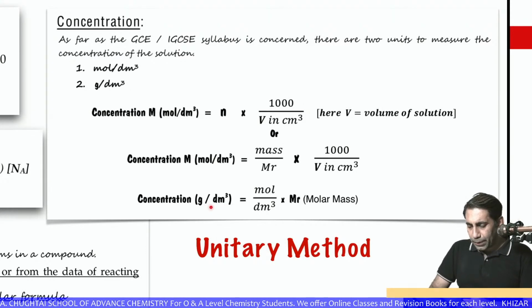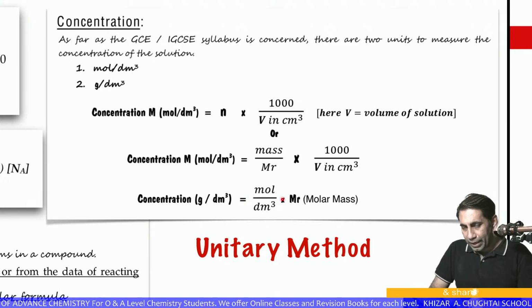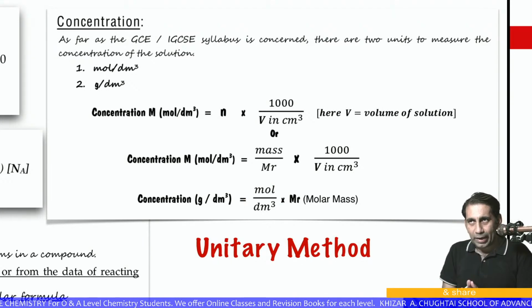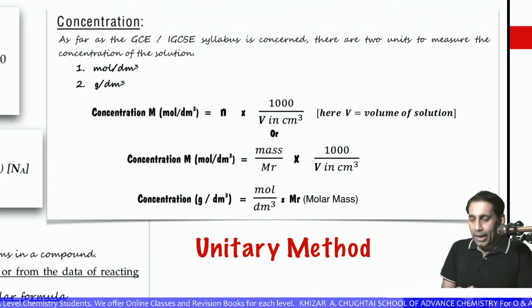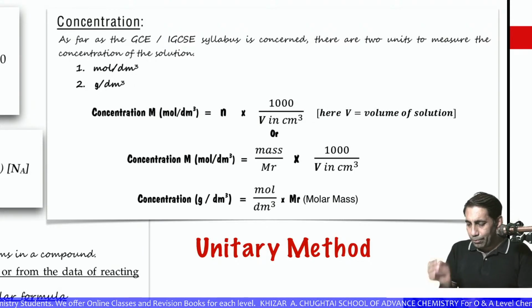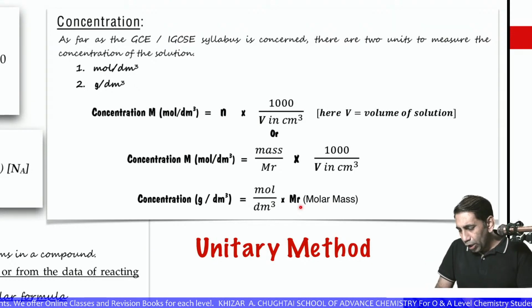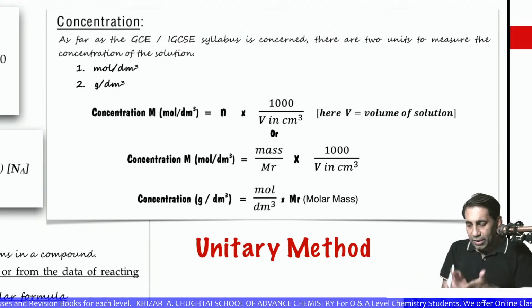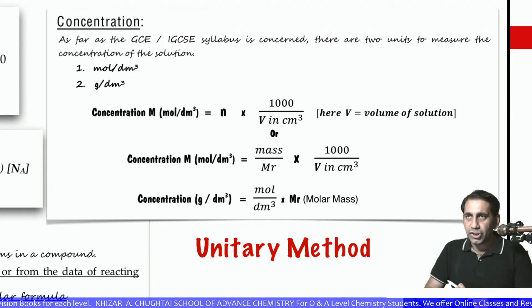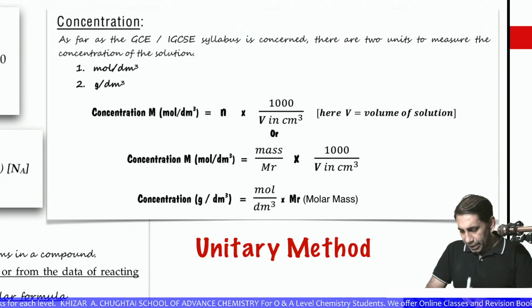For grams per dm cube, you must first have the answer in mole per dm cube. The answer in mole per dm cube can be changed into gram per dm cube by simply multiplying with Mr, the molar mass.